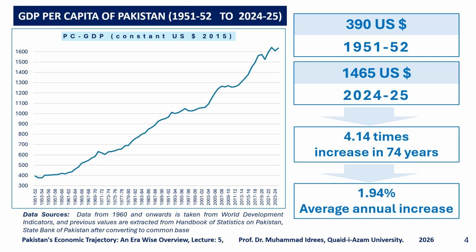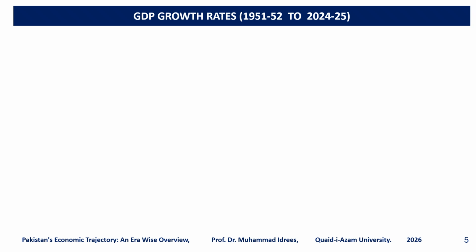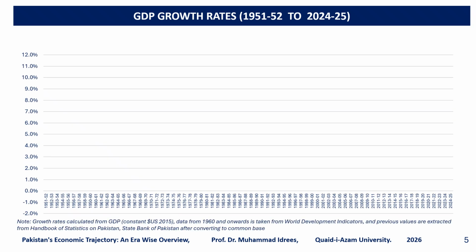Now after looking at the overall trends of GDP and GDP per capita, we will focus on the growth rates. So first we will discuss the growth rates of GDP and then we will analyze the growth rates in per capita GDP. In this graph, we will discuss the annual GDP growth rates from 1951-52 to 2024-25.